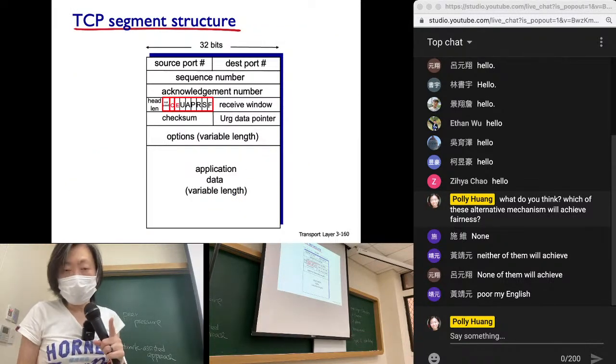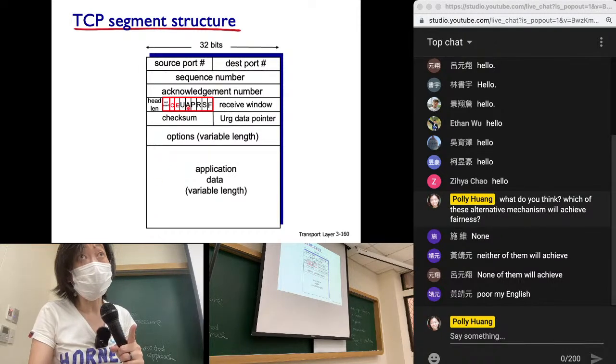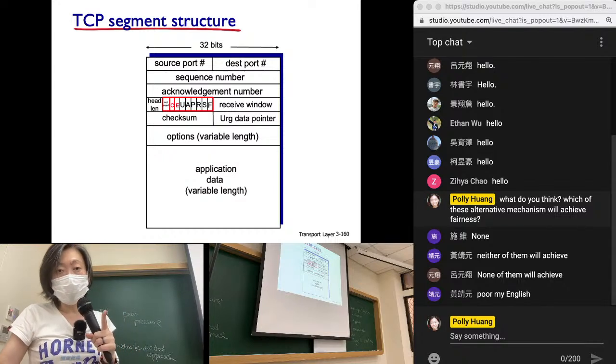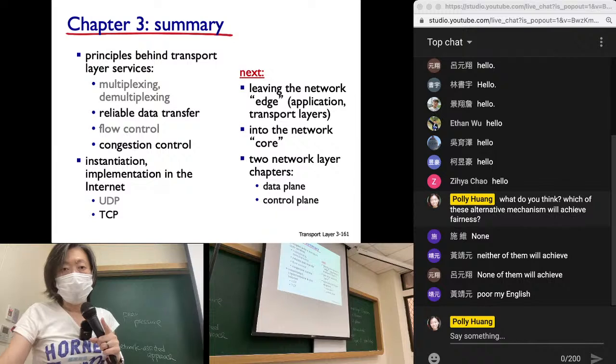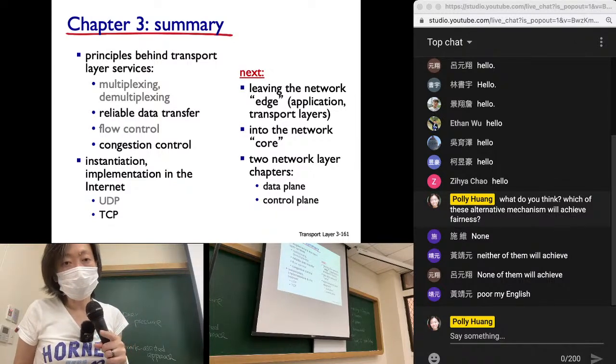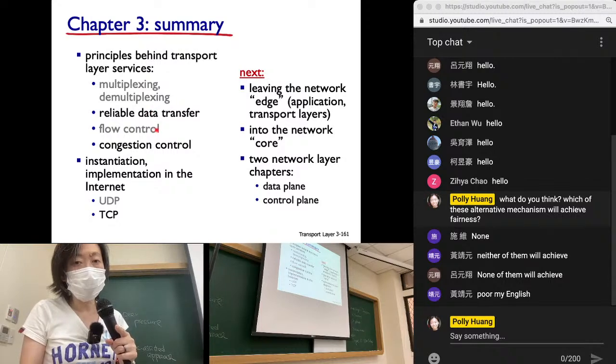So the E bit and C bit are actually here, very nearby the other bits, the SYN bit, the FIN bit, and the other bits. So that was chapter 3. Major functionalities you see: multiplexing, demultiplexing, reliable data transfer, flow control, and congestion control.